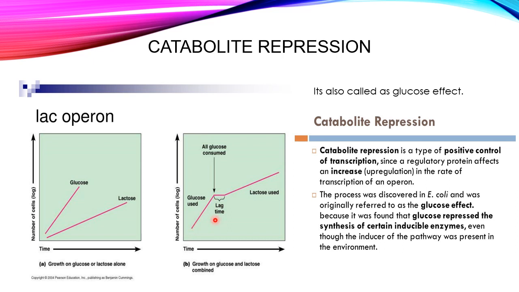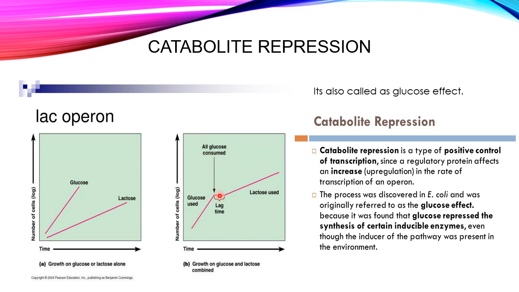This curve consists of the first phase, a lag phase and a second phase. This first phase is called the glucose utilization phase. In this phase, the entire glucose is utilized and the cells are growing at an exponential rate.